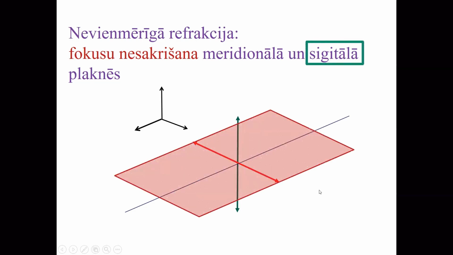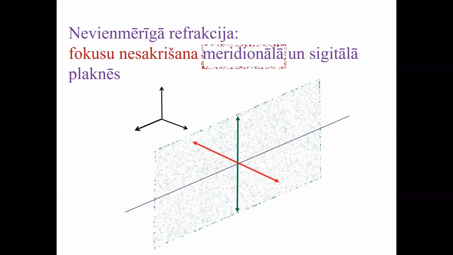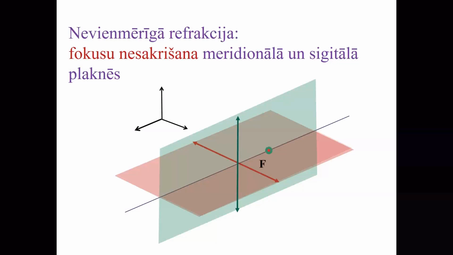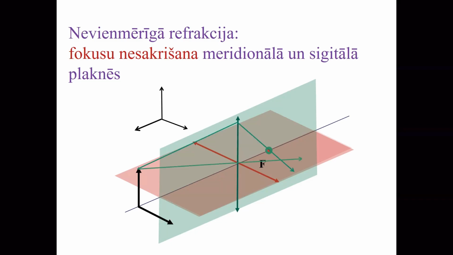So let's consider the refraction in the sagittal plane and in the meridian. This is a focus for both planes. It must be the same because everything is spherical. Now let us project this one through the green. This is the line that goes through the focus, and this is through the center of the lens. So the image is somewhere here.